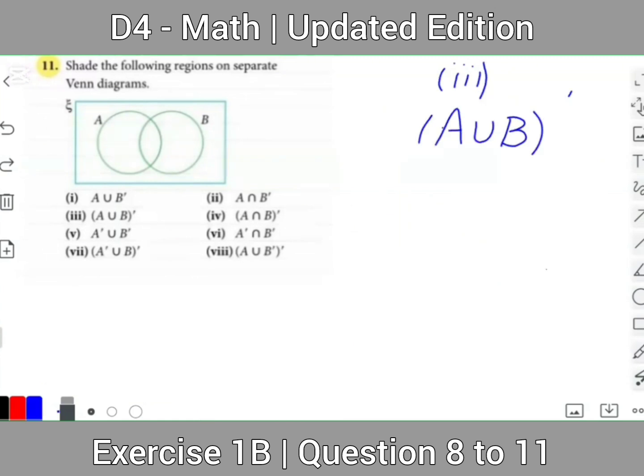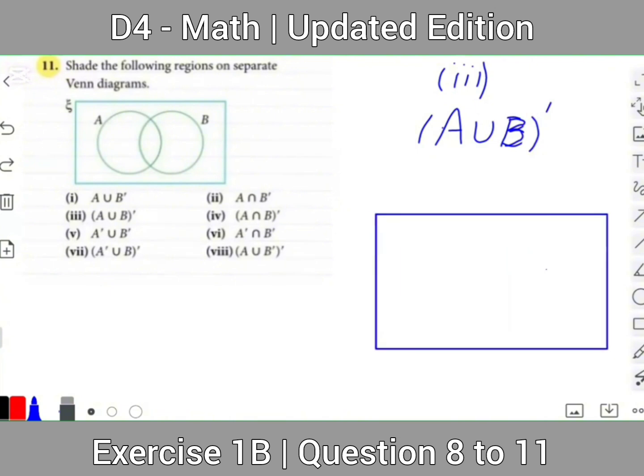In part 3, we have to find out A union B whole complement. So for this, we will draw a rectangle for the universal set eta.